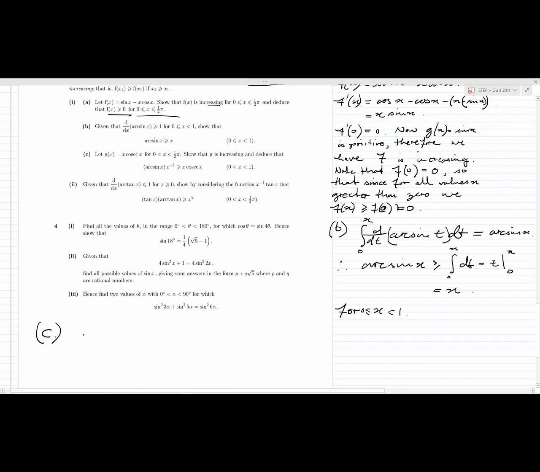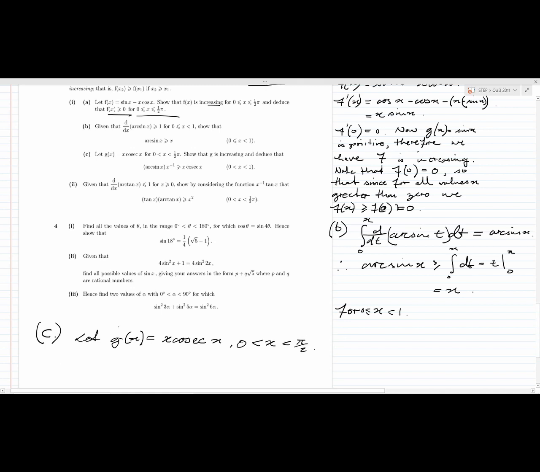So let g of x be equal to x cosec x, and obviously x is going to be between 0 and pi by 2 strictly.